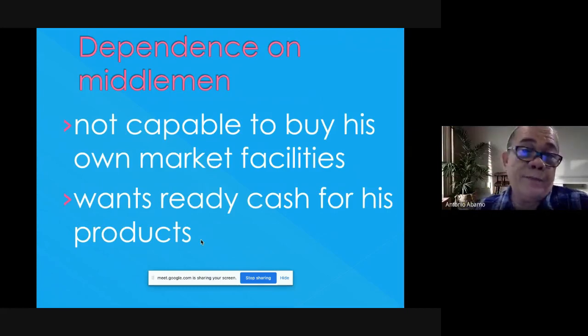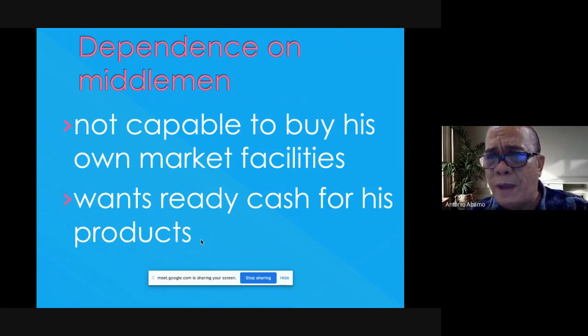So he wants the money now, but the buyer, the supermarket or the wholesaler in the upscale market, it is not to say that they are not willing to pay on the dot. No, it's not. They have the money. Why will they delay the payment?